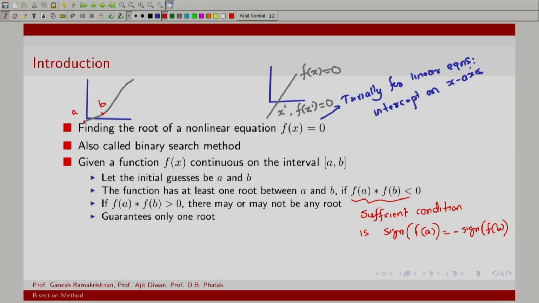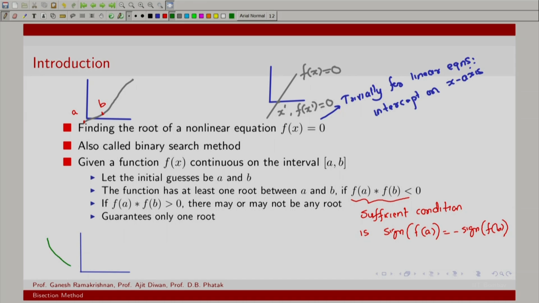Now, this is a sufficient condition, not a necessary condition. So, it is possible that f(a) into f(b) is positive and it still has a root, and classic case for us is going to be the squared function or x raised to an even power.